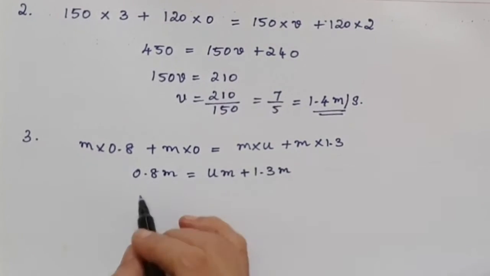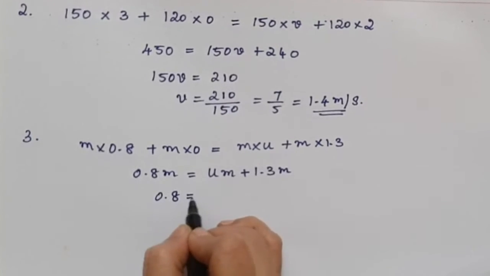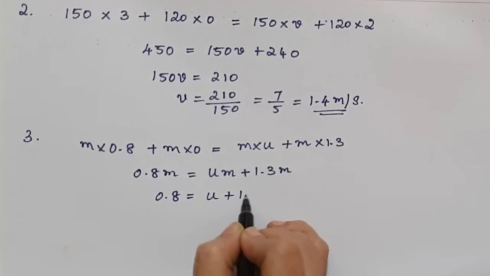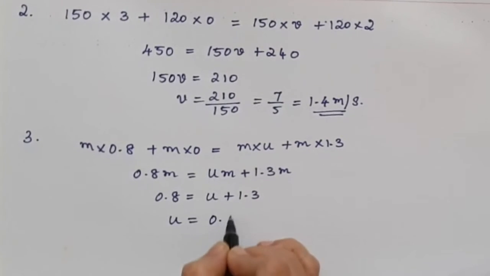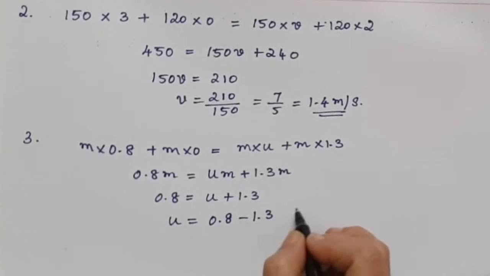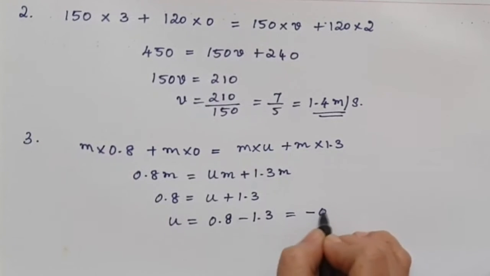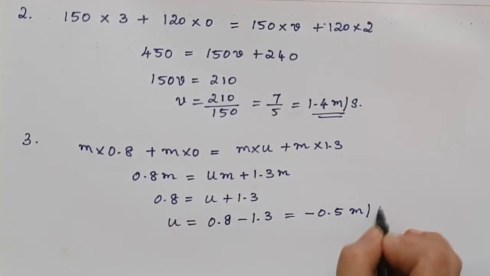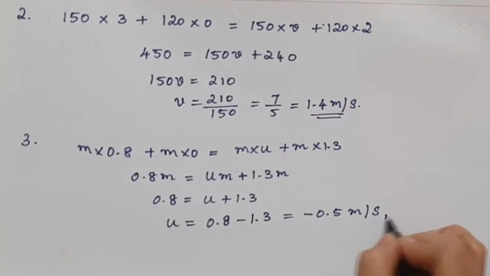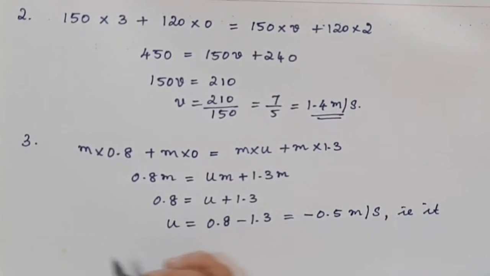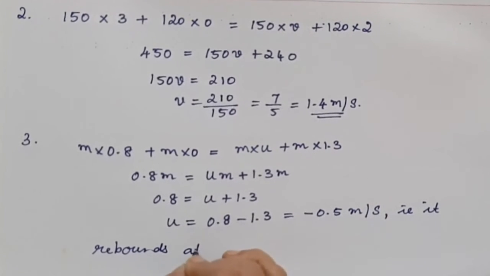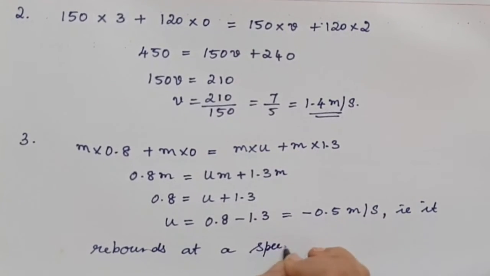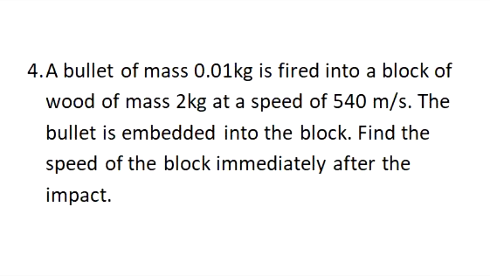Everywhere there is an m, we can cancel out m. So we get 0.8 will be equal to u plus 1.3. So u will be equal to 0.8 minus 1.3. So that will be equal to minus 0.5 meter per second. That is, it rebounds at a speed of 0.5 meter per second.